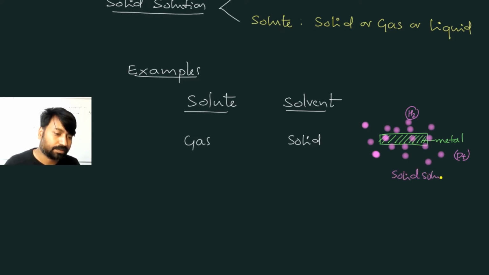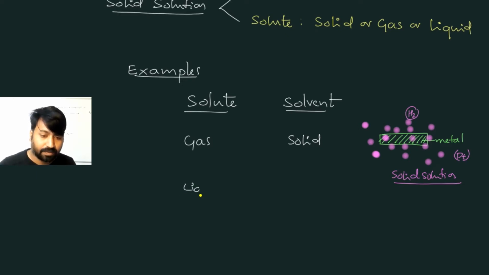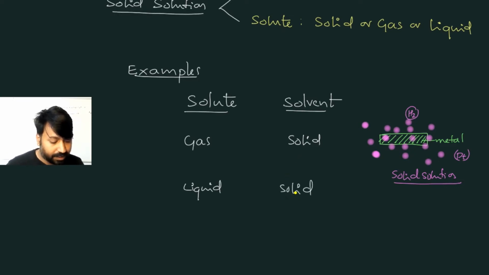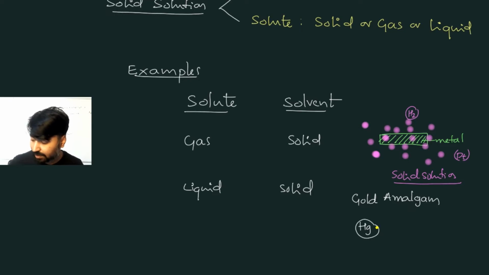Another example, if the solute is liquid and the solvent is solid. For this, we can take the example of gold amalgam. What is a gold amalgam? Mercury, that is Hg, is a liquid.